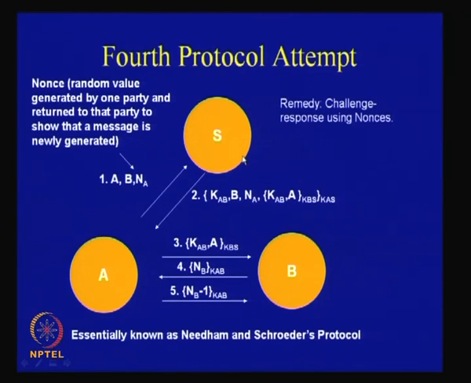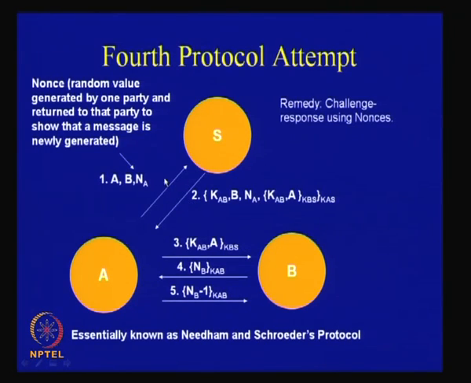When S sends back the message to A, it takes the session key KAB, along with B and this NA, which is sent back, so that when A decrypts it, it gets back this NA and knows that it is the new thing which has been generated. So the message received back corresponds to this message, and hence it is fresh.